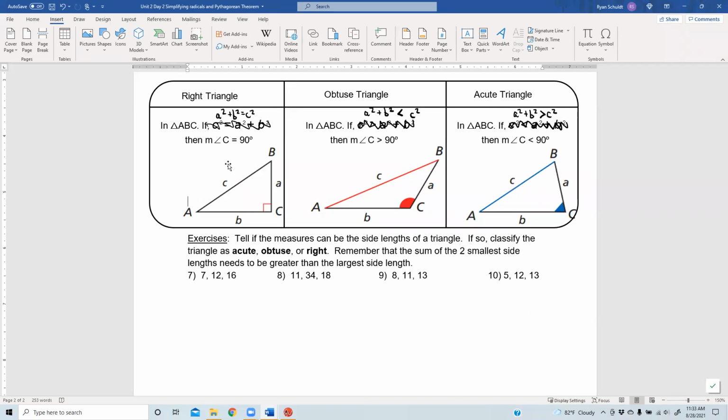The smallest two sides are my a and my b, and then we've got to compare it to c. If it's equal, then it's a right triangle. That's what we've been doing today. If a squared plus b squared is less than c squared, it's obtuse. If a squared plus b squared is greater than c squared, it's acute.